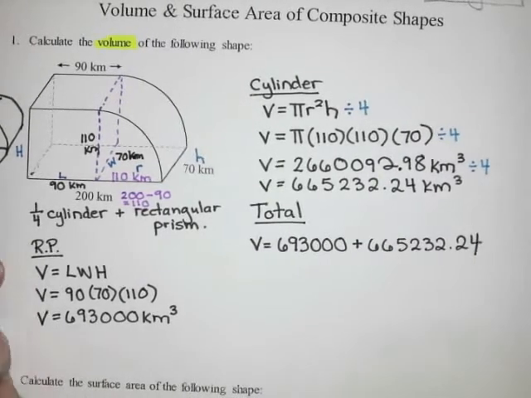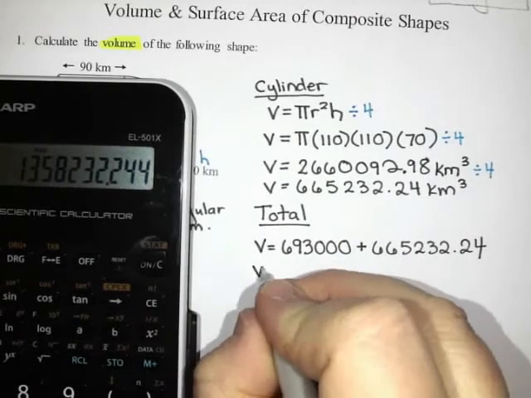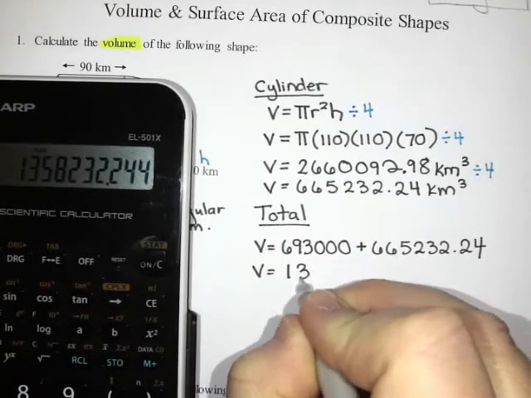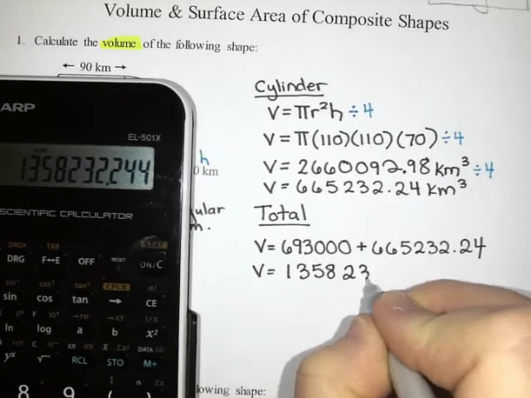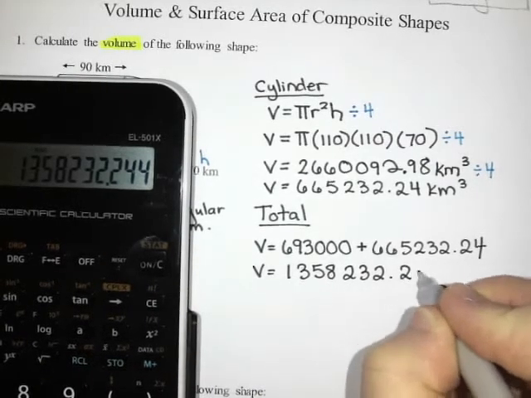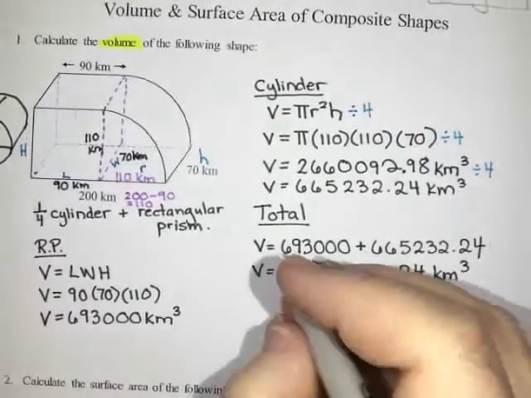And then add that with my 693,000, which gives me a grand total of 1,358,232.24 kilometers cubed.